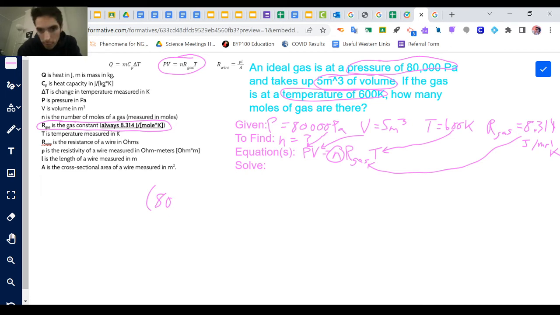That's a bad habit, but since we haven't spent a lot of time on units, and I don't want to get into them here, I'm going to leave them out. So we have 80,000 pascals times 5 meters cubed is equal to whatever n is, that's what we're going to be solving for, times 8.314 joules per mole Kelvin times the 600 Kelvin.